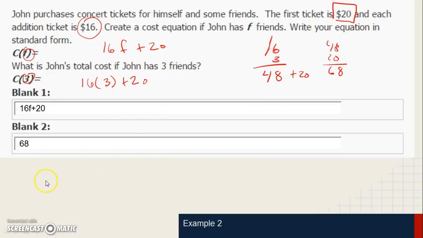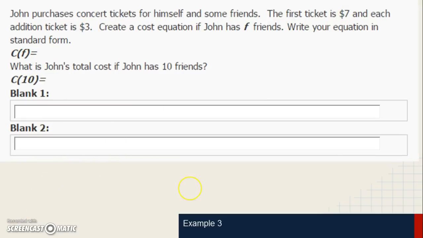Next problem. So now John purchases concert tickets for himself and some friends, and the first ticket's $7. And each additional ticket is 3. So we're going to create a cost equation if John has F friends. Well, it's $3 for each additional friend plus the initial 7.